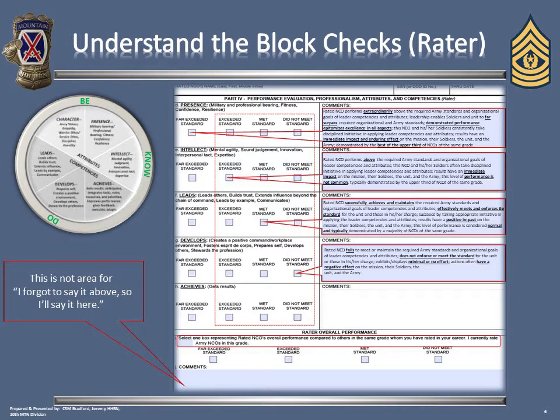And so as you're going through the back of the NCOER, you really need to look at the NCO core competencies and attributes of be, know, and do, because those are the things that you're assessing. That little chart there demonstrates what each of those mean and what we should be achieving as non-commissioned officers.